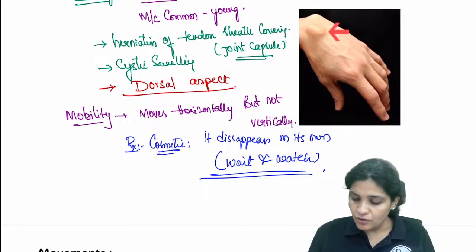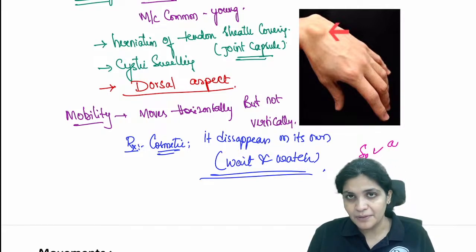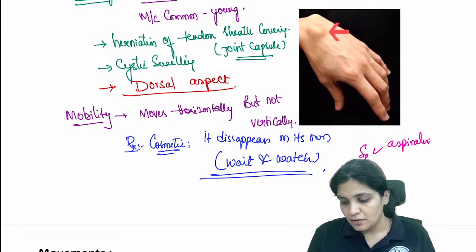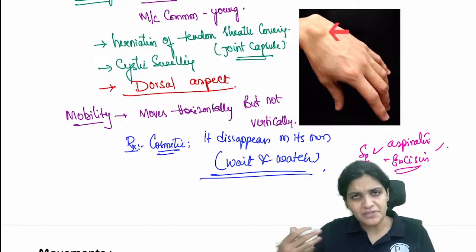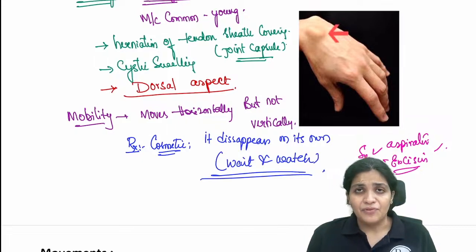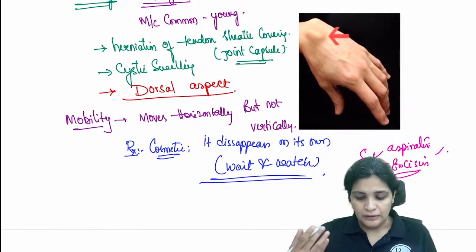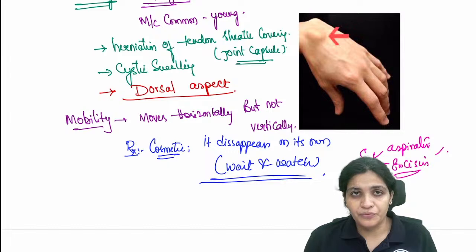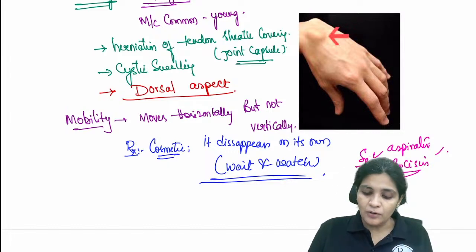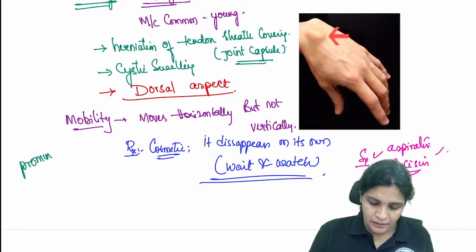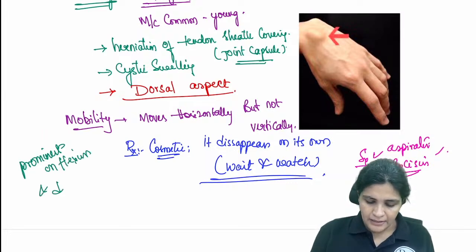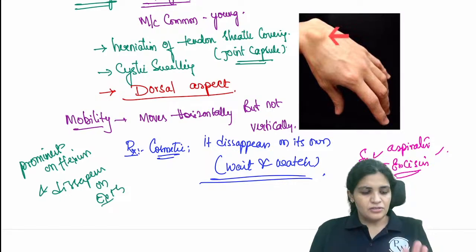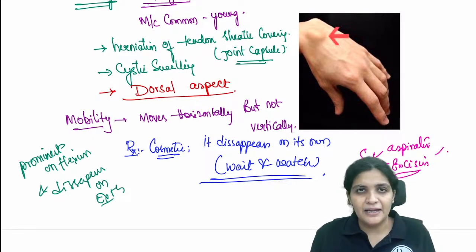If at all you want to go for treatment, then it could be aspiration or excision, but usually what we do is wait and watch. Sometimes it disappears on its own, and for cosmetic purposes they tend to remove it, right? And it becomes prominent only on flexion and disappears on extension, right? So sometimes it disappears, sometimes it does not, it is like that.